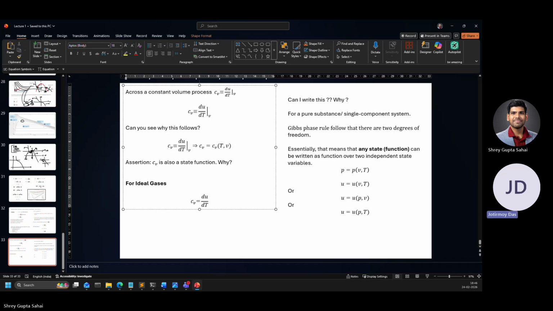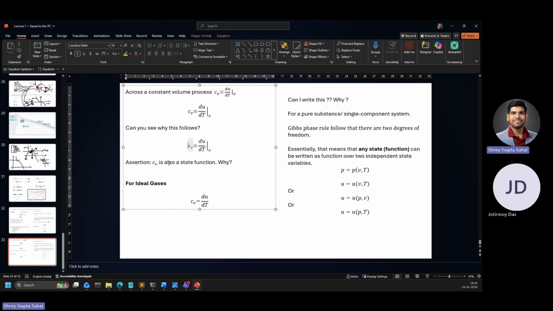Well, it is a state function because it is dependent on these variables. No, but say if this was not given to you, say I remove this part. Now you tell me, can you say anything why CV will be a state function? You could say the same thing.